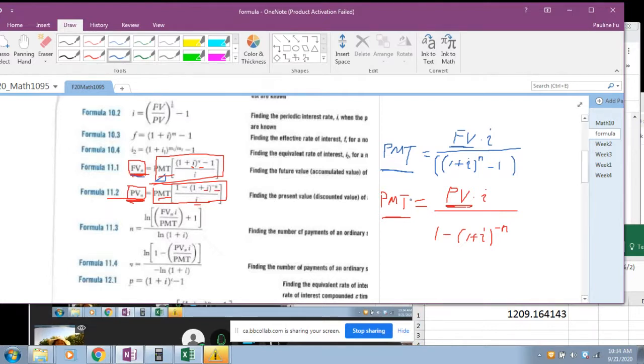Okay, and those topics cover chapter 11, session 1 to session 4. Session 1 is some concept and future value of ordinary simple annuities. Remember, this is a Monday class. We lost 2 Mondays. One is the Labor Day.